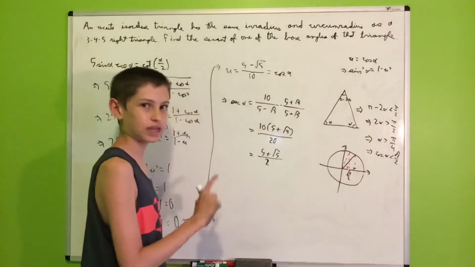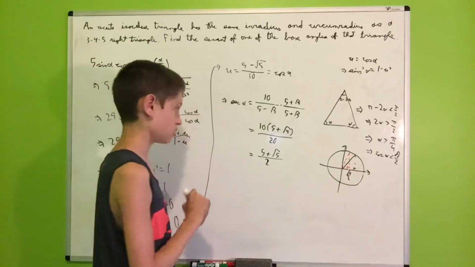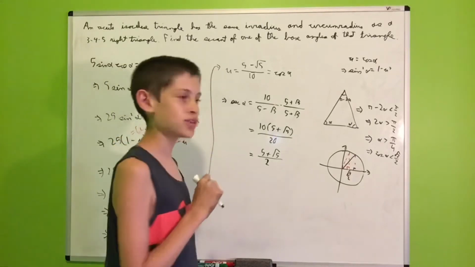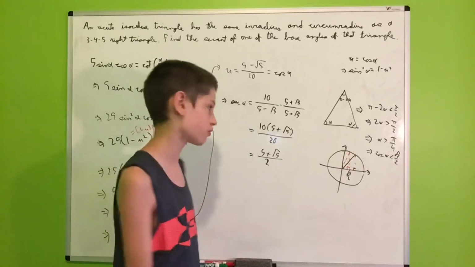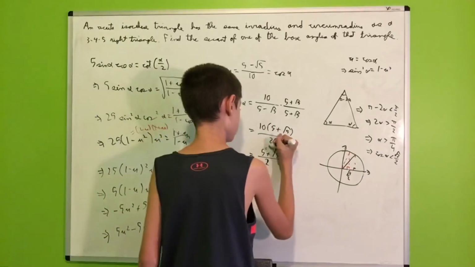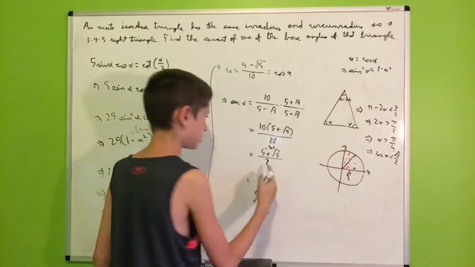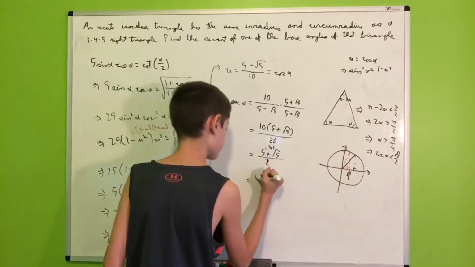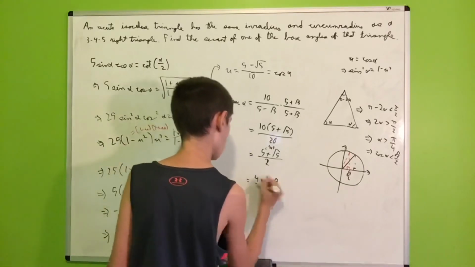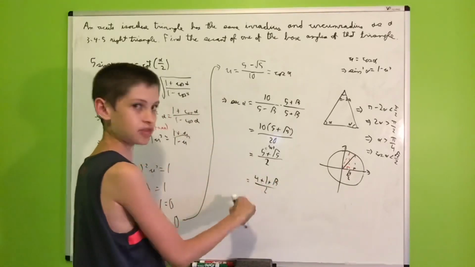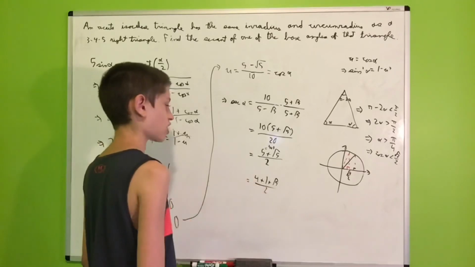But then we can rewrite it to be even nicer. So if you're watching this channel, I hope that you know that 5 is nothing but 4 plus 1. So let's substitute that in. So this is equal to 4 plus 1 plus the square root of 5 all over 2. But then we can break this fraction into 2.